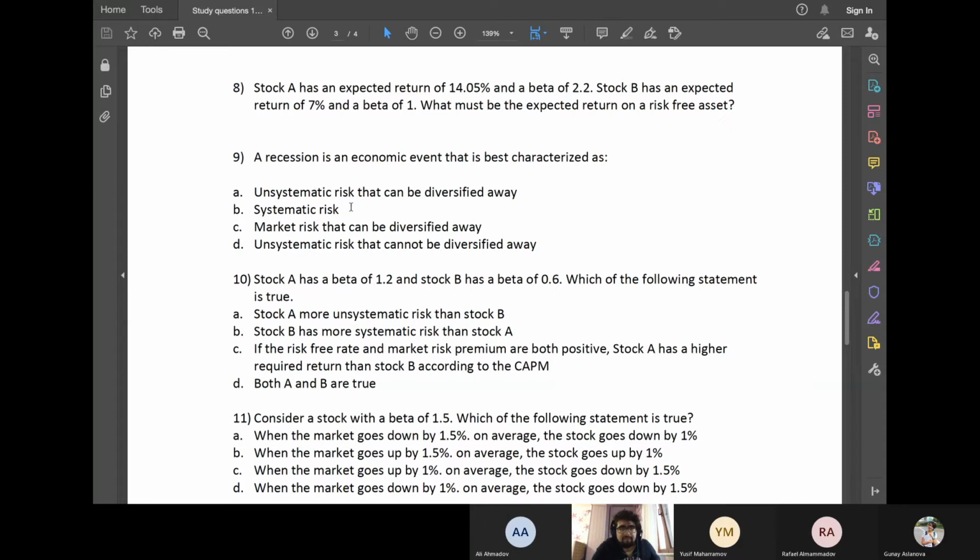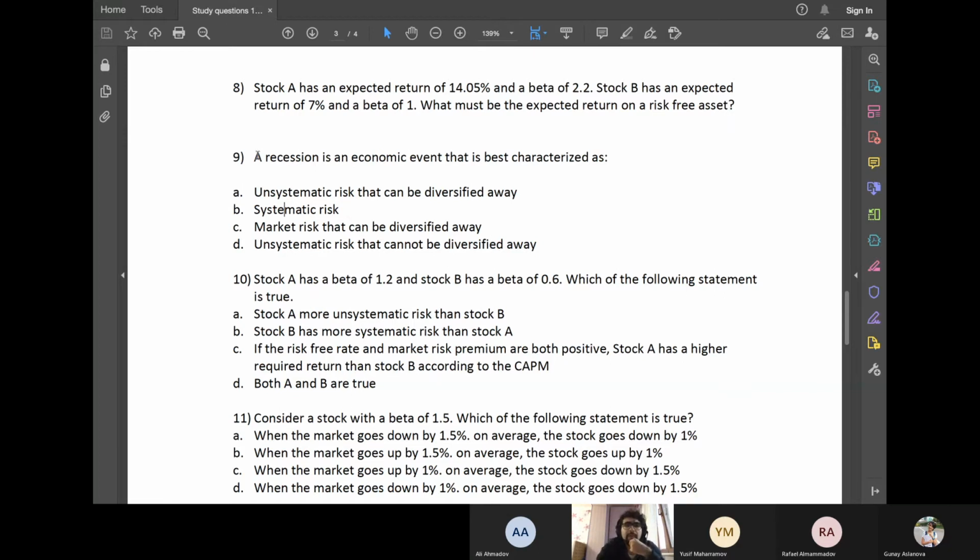Systematic risk. It is our true answer, because systematic risk is market risk times beta, or we can say it is the risk that comes from the market, and we are multiplying it by beta.